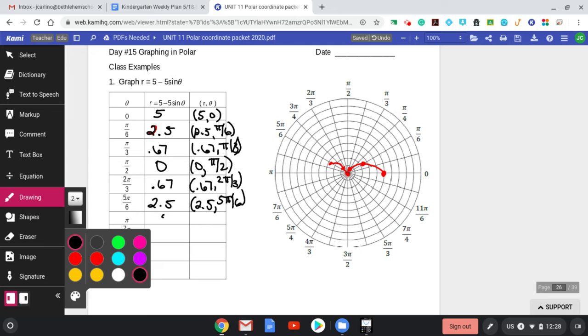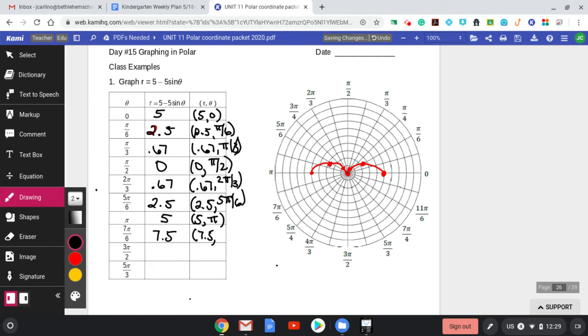Next is 5 comma pi. So let's go to pi and out to 5: 1, 2, 3, 4, 5 right here. Again, order matters. All right, and then 7 pi over 6 is 7.5. So that'll be 7.5 comma 7 pi over 6.